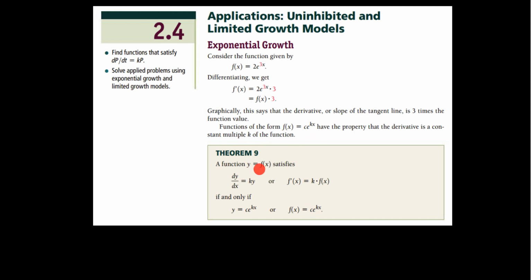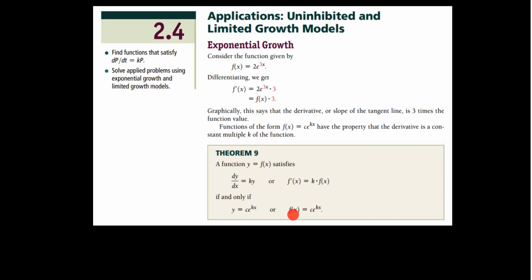A function y is equal to f of x satisfies dy dx, the derivative of y, which is the name of the function, over the derivative of x, which is the variable, again, remember that notation, is equal to ky, or f prime of x is equal to k times the function, where k is just some constant, if and only if y is equal to ce to the kx.